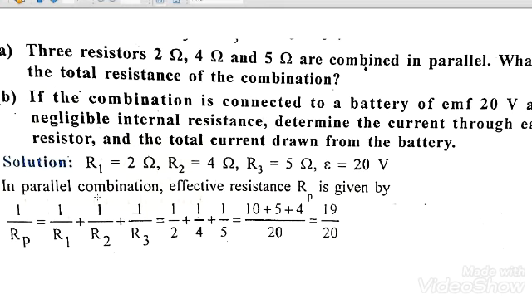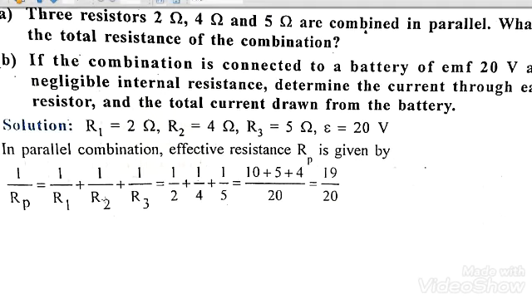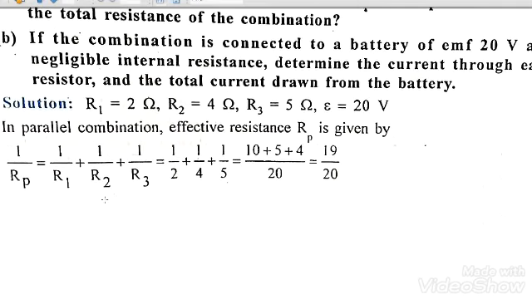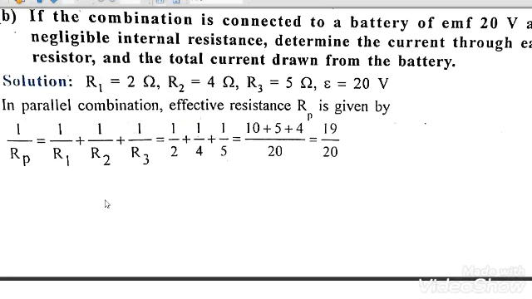Let us take a parallel combination, and the effective resistance is given by 1 by Rp is equal to 1 by R1 plus 1 by R2 plus 1 by R3, and that is equal to 1 by 2 plus 1 divided by 4 and 1 divided by 5. Take the LCM of 2, 4, 5.